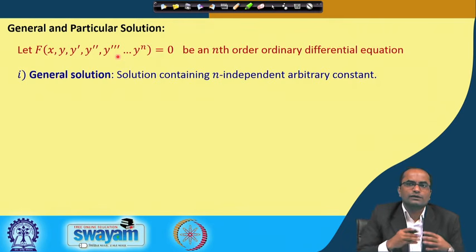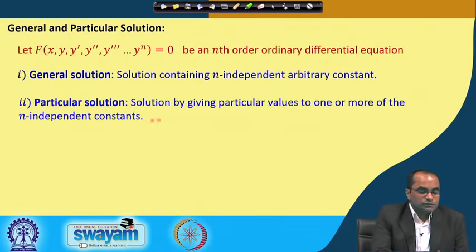The general solution is nothing but the family of curves with n parameters, but a particular solution means a particular curve. That is possible only when some supplementary conditions are supplied with the differential equation, and then the differential equation together with these supplementary conditions gives particular solutions.